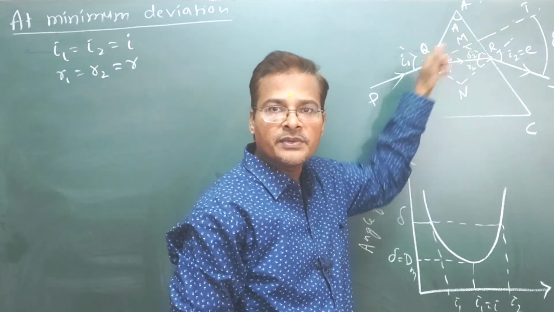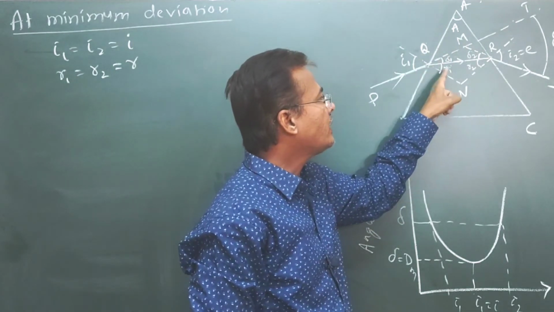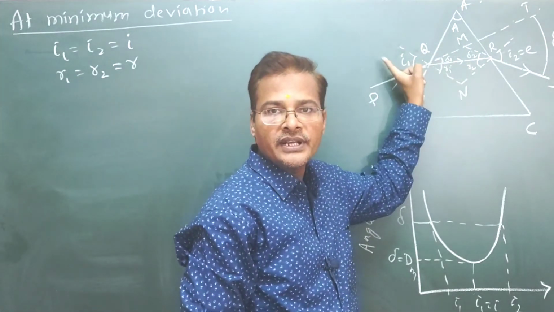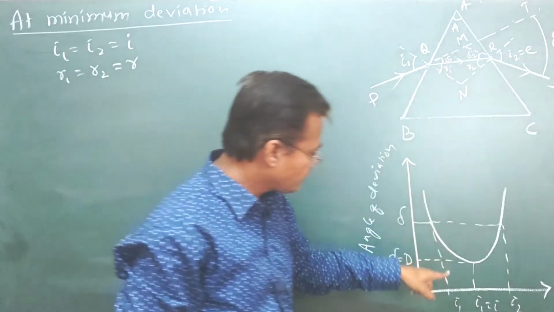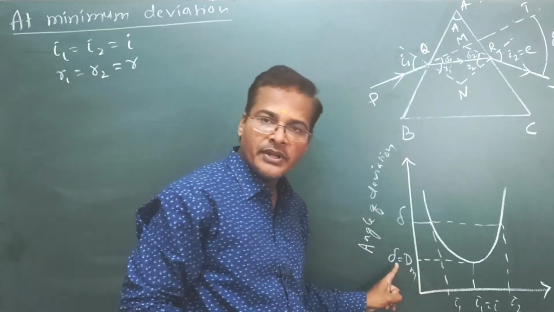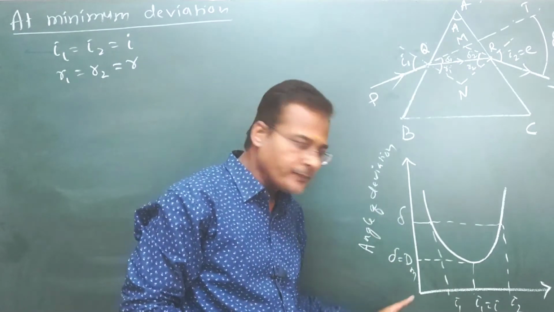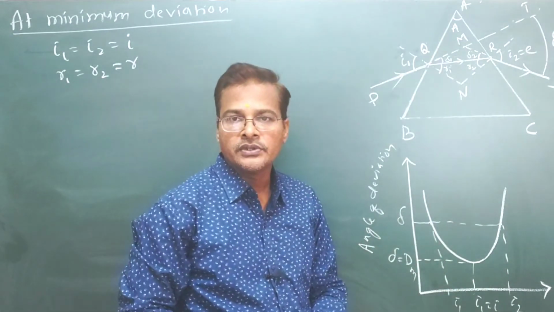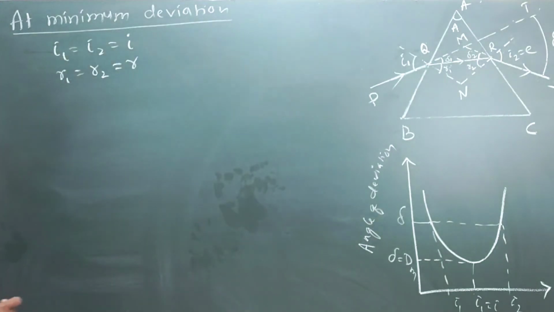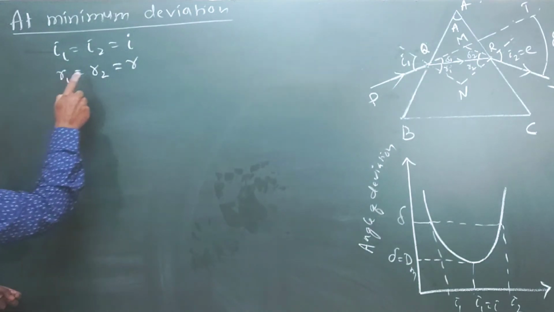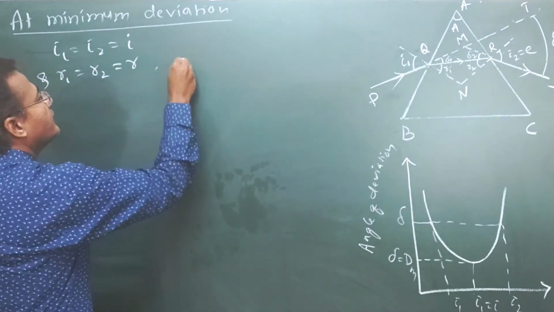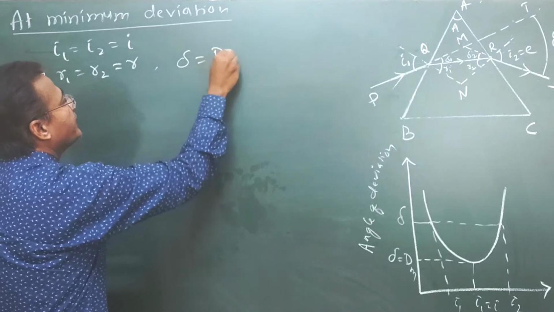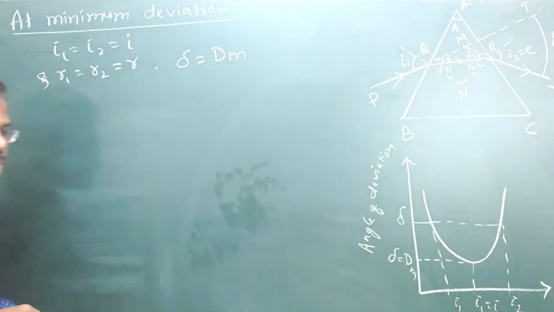When it is parallel to the base, R1 and R2 are equal and I1 is equal to I2. So at the minimum deviation, delta equals dm, I1 equals I2 equals I, and R1 equals R2 equals R.